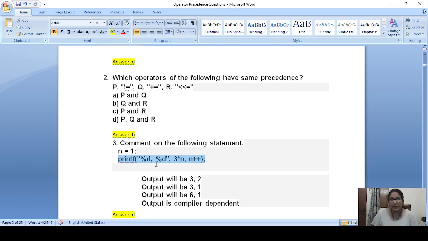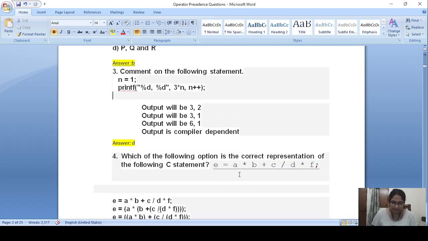If it is in an expression that you need to evaluate, that is different, but if the prefix and postfix operators are directly written in printf, the output will be compiler dependent. And whatever options they give, either they will give output is compiler dependent or none. So you have to go for output is compiler dependent or none, nothing else.